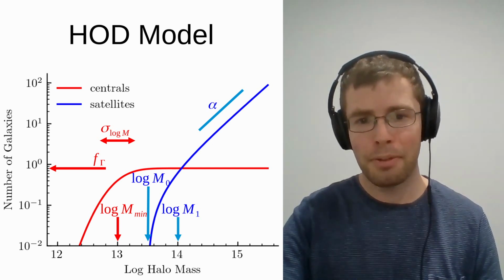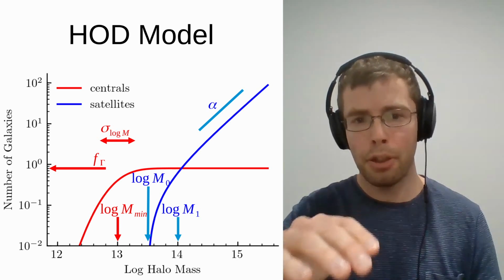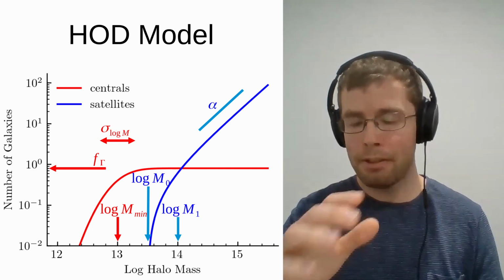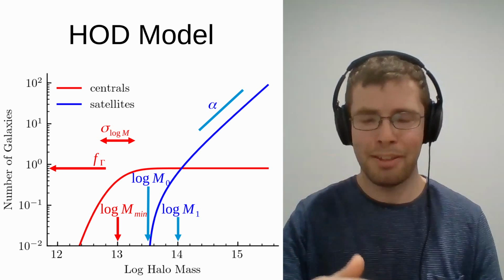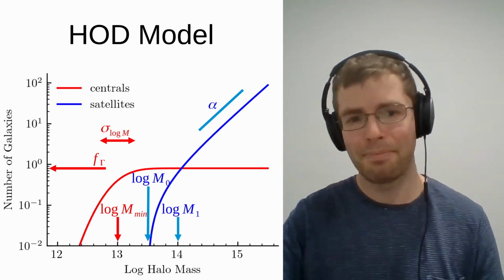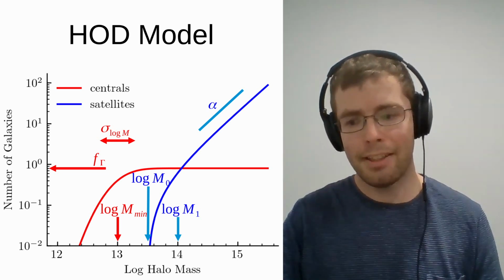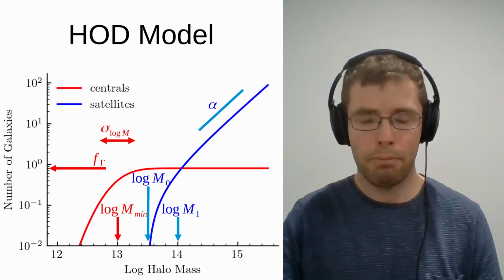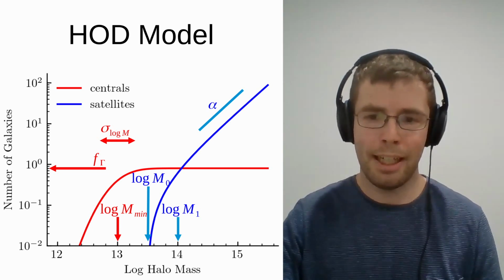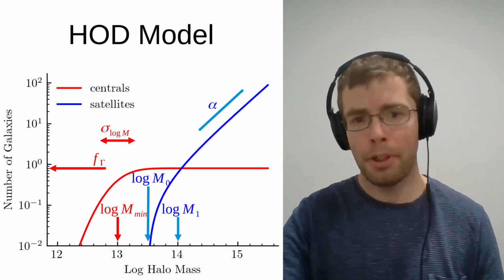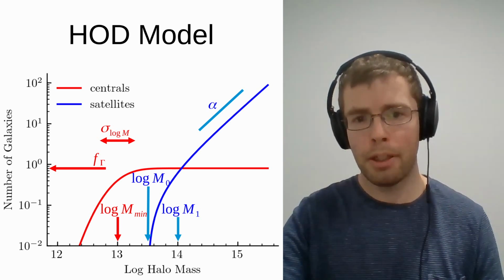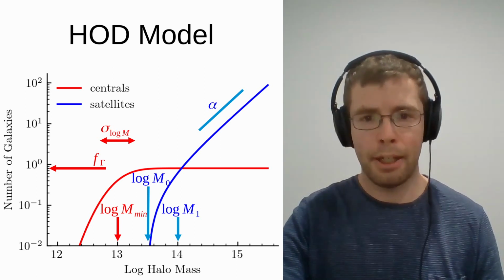So for centrals, we assume that they basically follow an error function that has a plateau that doesn't need to be 1, but somewhere between 0 and 1. And similarly for satellites, there's a possibility to have more than one satellite per dark matter halo, and so this is modeled with a power law with a low mass cutoff.